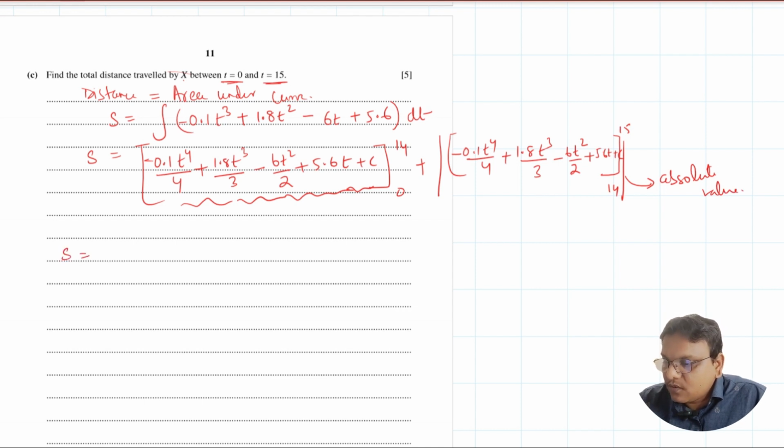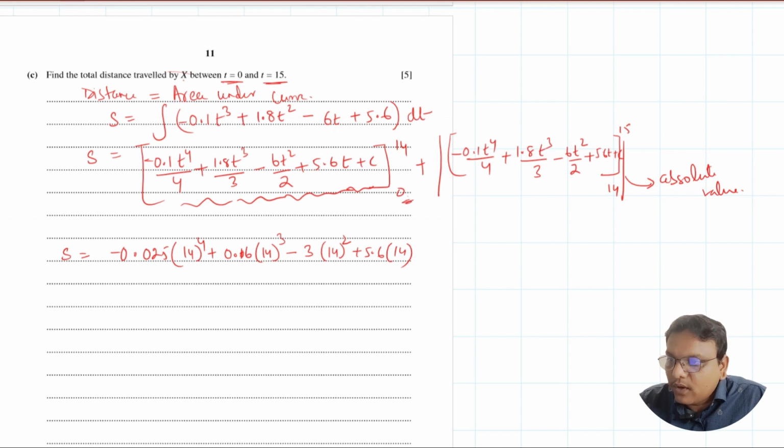So again distance is equal to this. When you put the upper limit, it means minus 0.025, this is a negative value, right, times 14 power 4 plus 0.6 times 14 cube, minus 3 times 14 squared plus 5.6 times 14. Minus the lower limit, no use of this because it is 0 here, so I'm keeping this one.